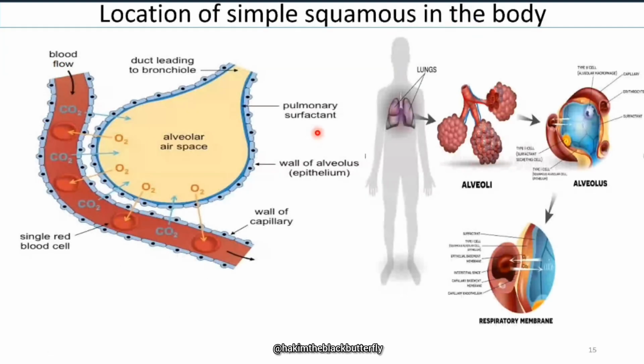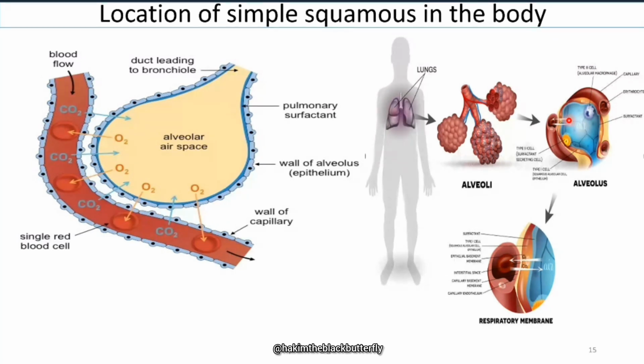As we can see, number one, we are going to find this lining around the air sacs. These air sacs are made up of those thin cells, thin and flattened. Those cells that are thin and flattened are called simple squamous epithelial cells. These cells are thin enough to allow easy diffusion of these gases.